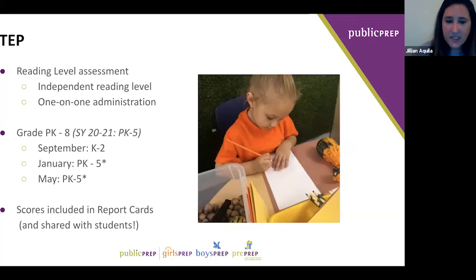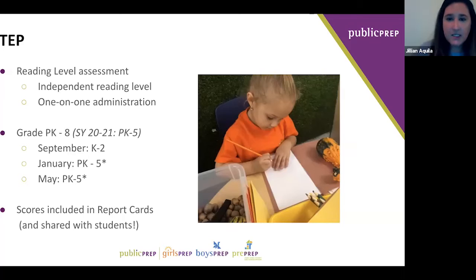Something to know about STEP testing is that it's done one-to-one. That means that your scholar's teacher or someone that knows how to administer STEP sits down with that student individually and works through the assessment together. That can involve them reading aloud, reading in their head.